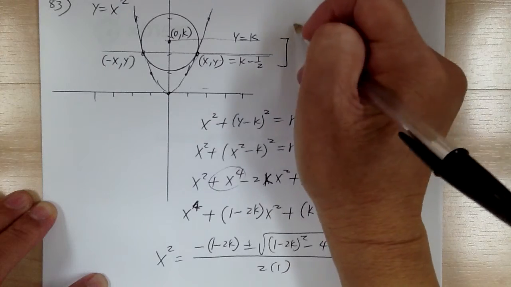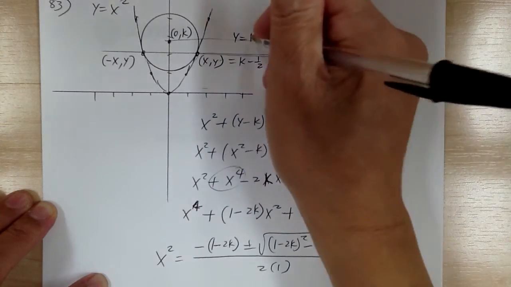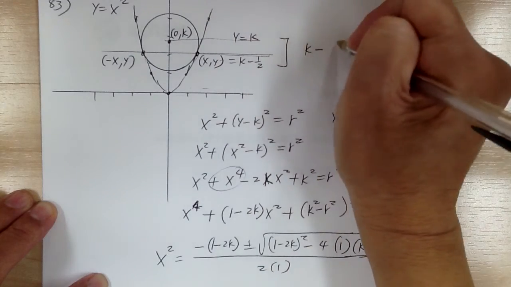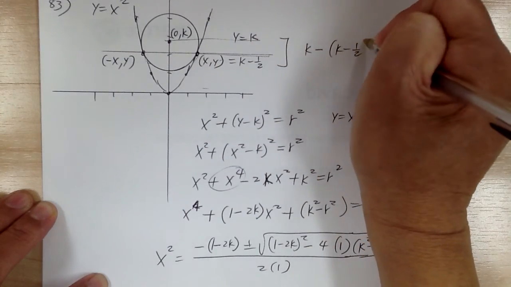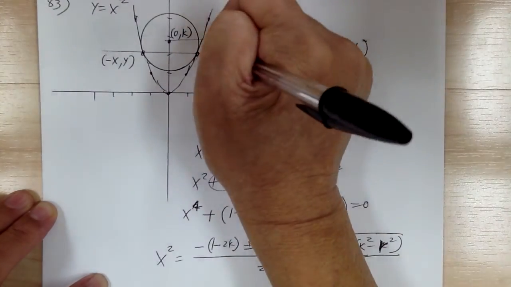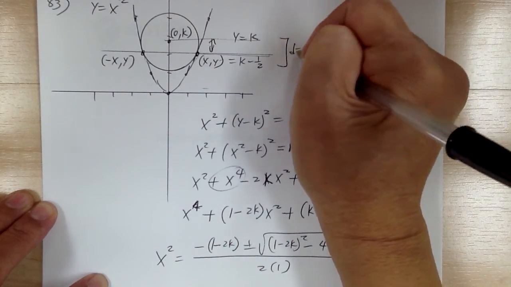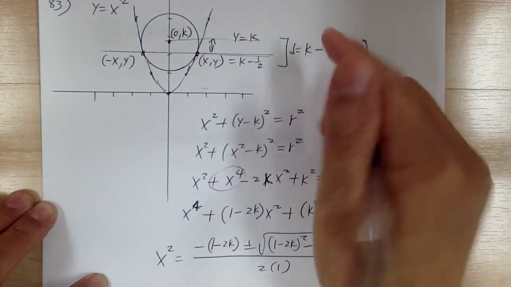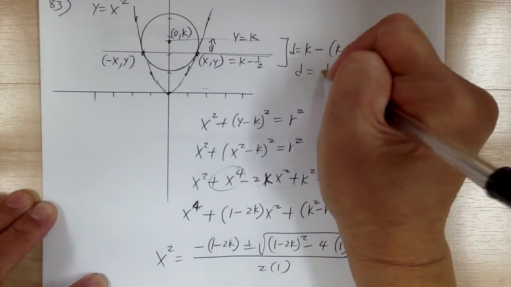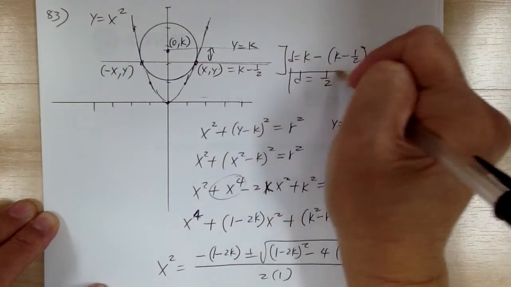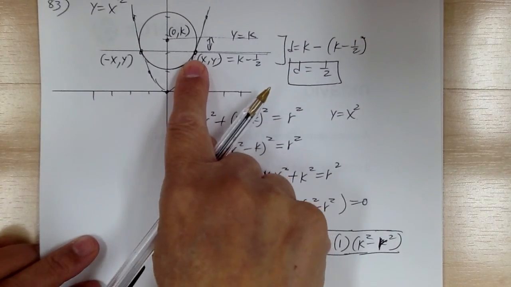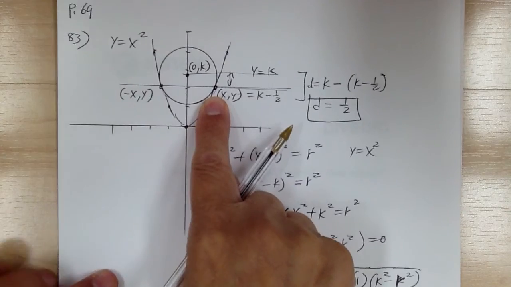So the difference between them is 1/2. So the center will be 1/2 higher than the tangent point for the y value.